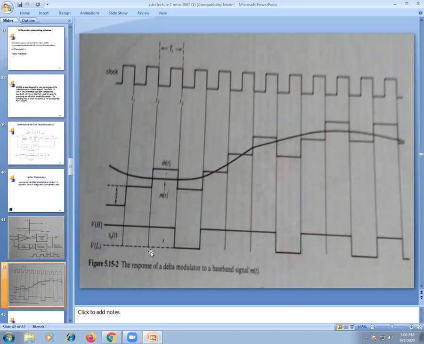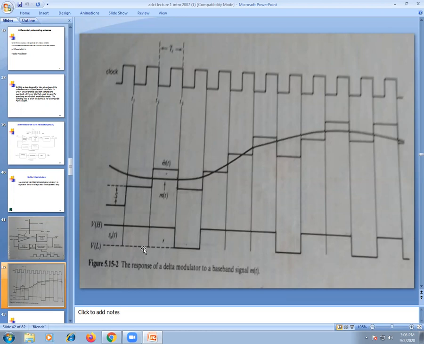In this waveform, the step is high when M of t is greater than M cap of t. At this point the step is low because M of t is less than M cap of t, and VL is generated. Again the step is high because M of t is greater than M cap of t, and here also. Now here the step is low because M of t is less than M cap of t.